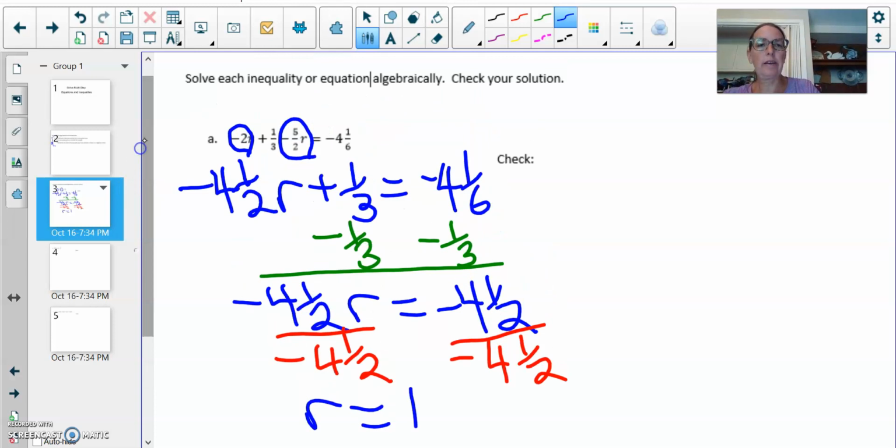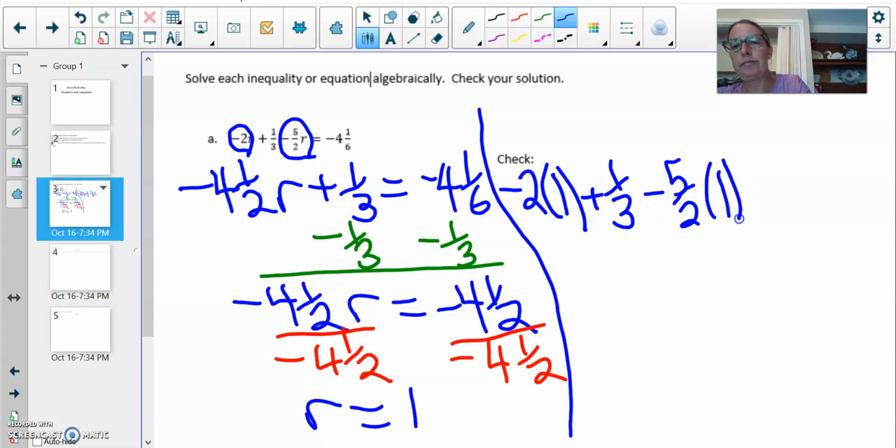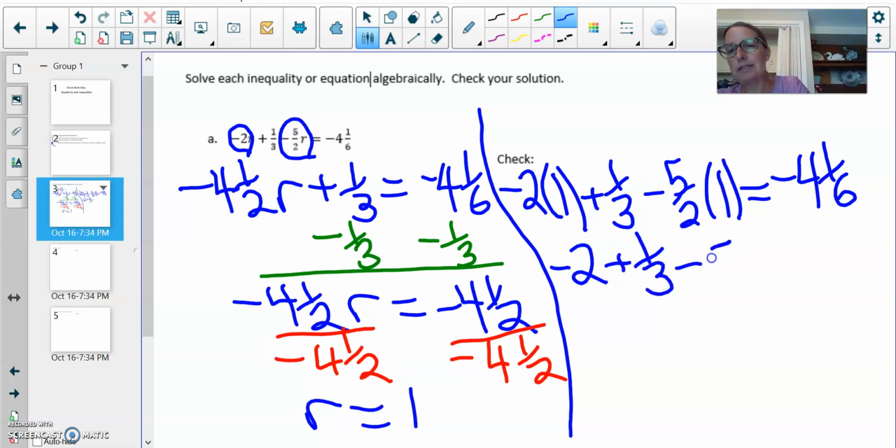So now for my check, go back to the original. Everywhere there's an r, I'm going to put in my solution, r equals 1. So I get negative 2 times 1 plus 1/3 minus 5/2 times 1, hopefully equals negative 4 1/6. Multiply out each term on the left, so negative 2 plus 1/3 minus 5/2.